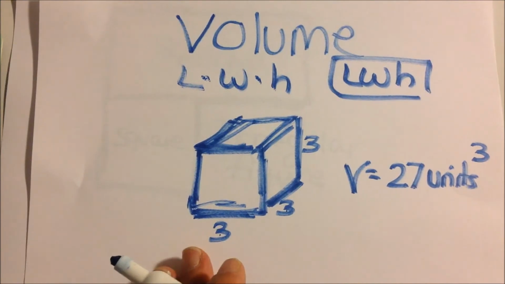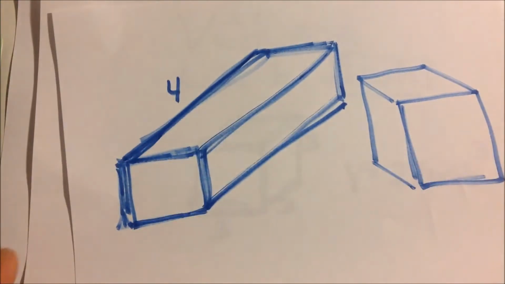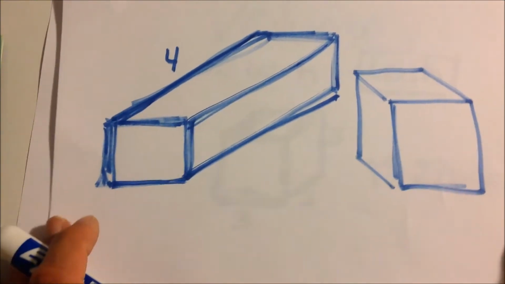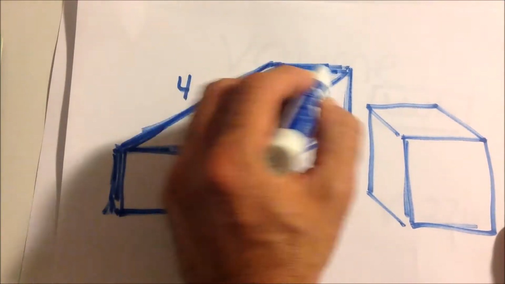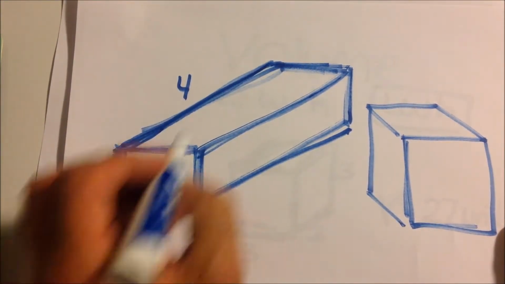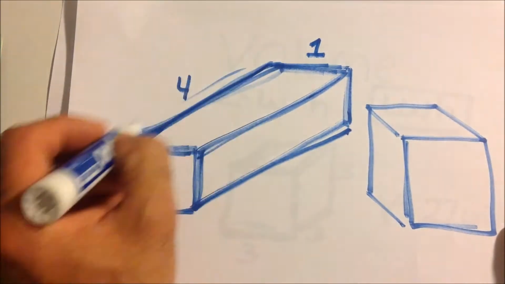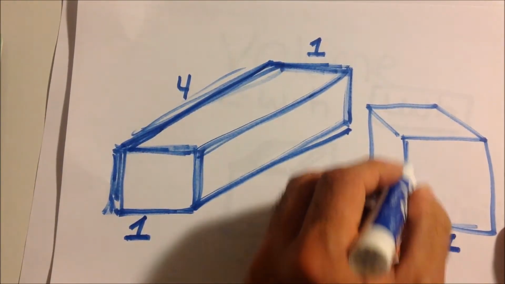Now let's go back to composing. So let's say we had this rectangular prism here. Right? Let's say there was 4 feet by, let's say this was 1 foot. Right? So again, this would be 1 foot. So it's 4 foot by 1 foot. We have a cube here.